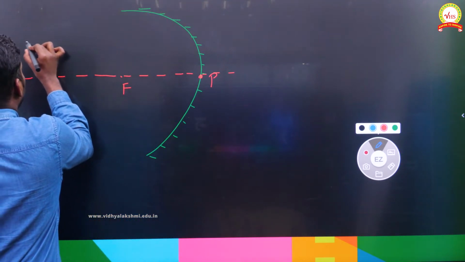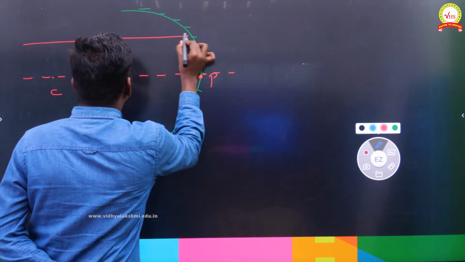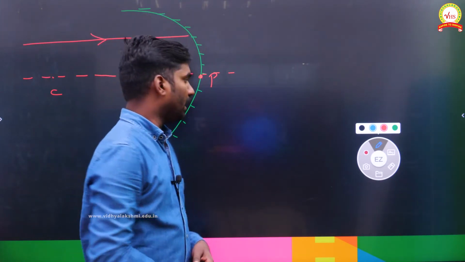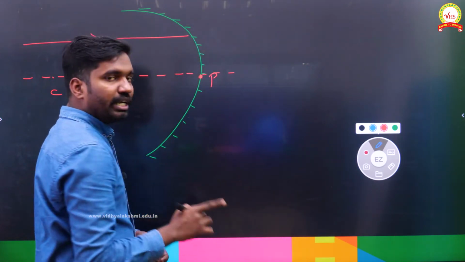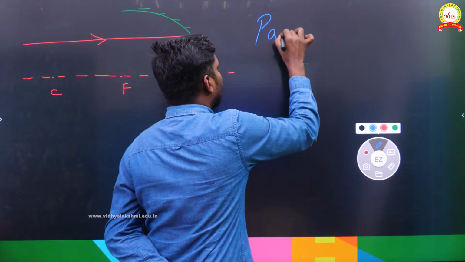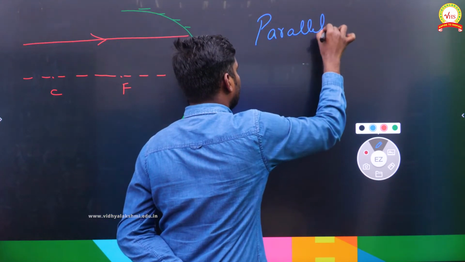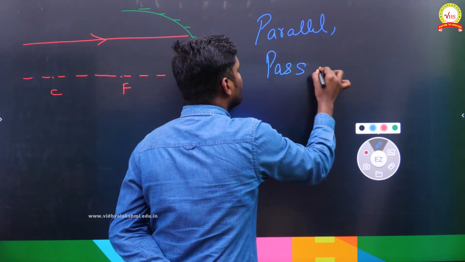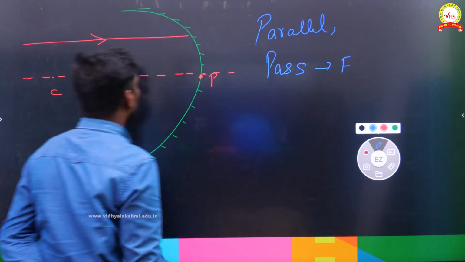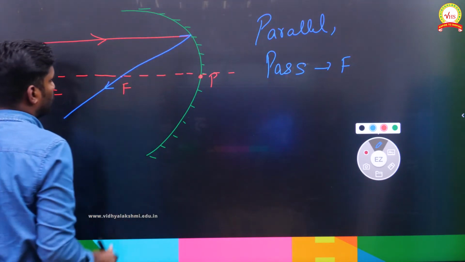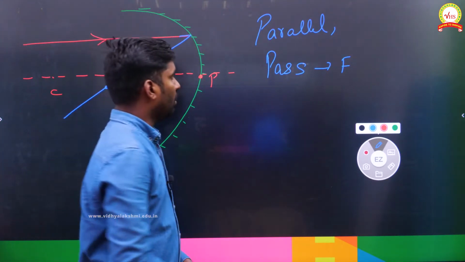If the incident ray passes parallel to the principal axis, up to this only your question will be there. So you need to complete the diagram. So how can we do it? We know that whenever the incident ray passes parallel to the principal axis, after reflection, it will pass through the focus. So the reflected ray will pass through the focus. So this is our rule number 1.